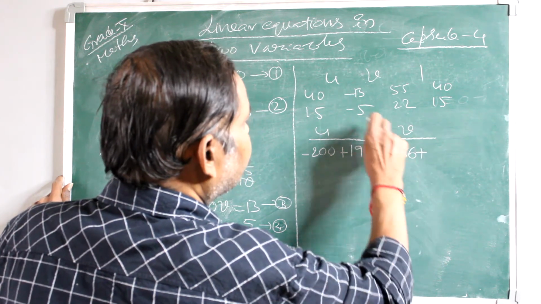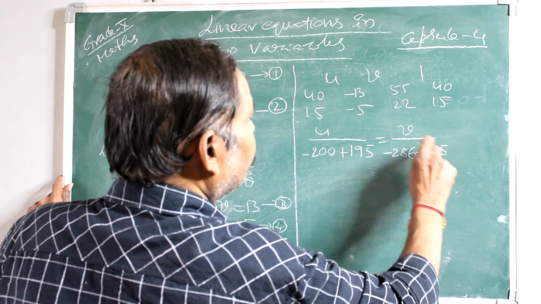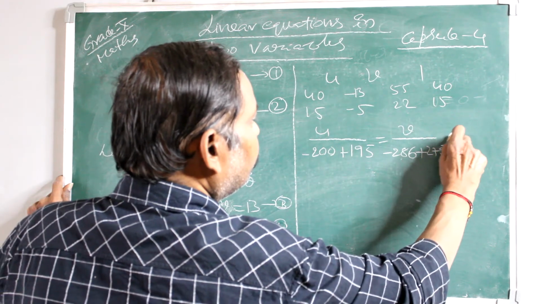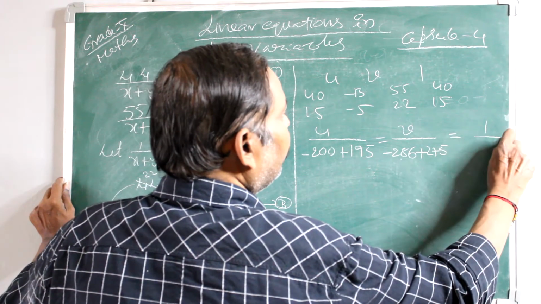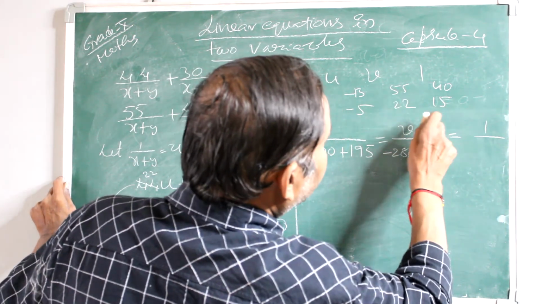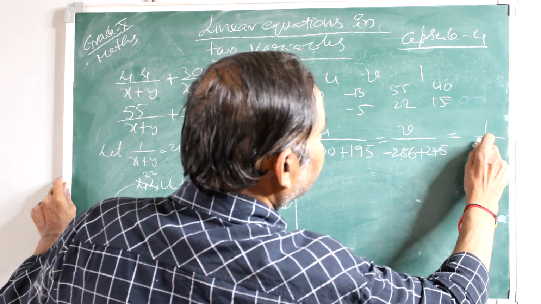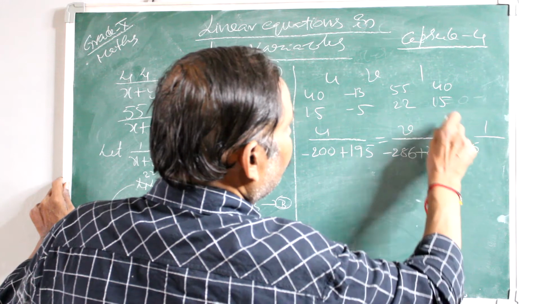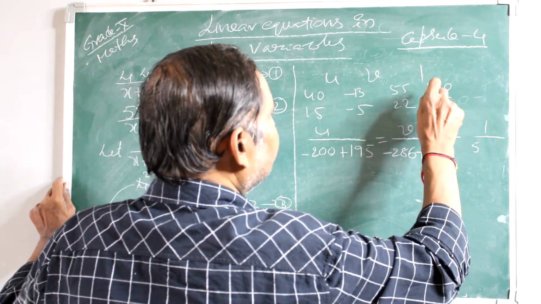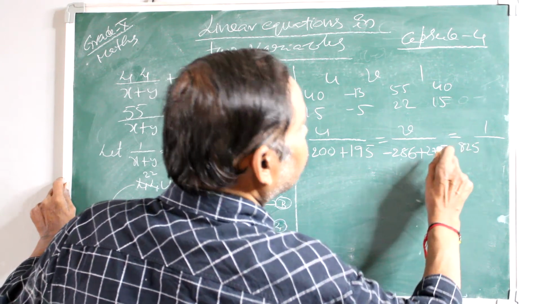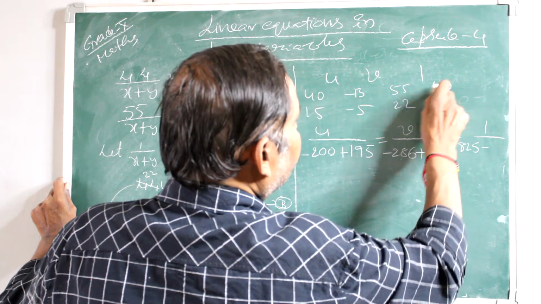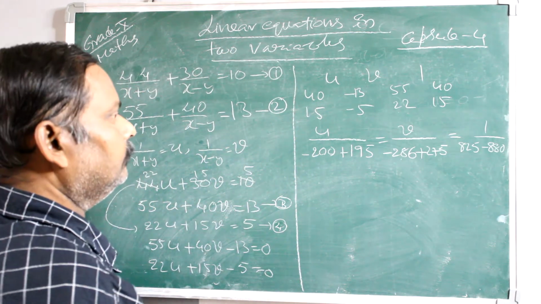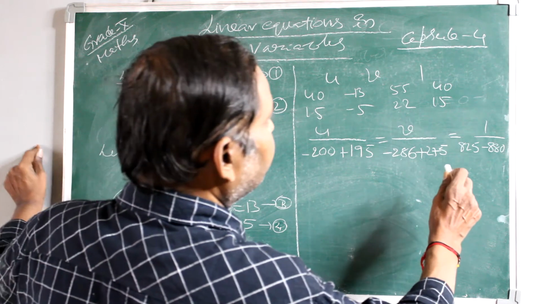And minus of minus is plus, 5 5s are 25, plus 3 is 27, is equal to 1 by 15 into 55 is 825, minus 40 into 22, 880. So see the multiplication once again.